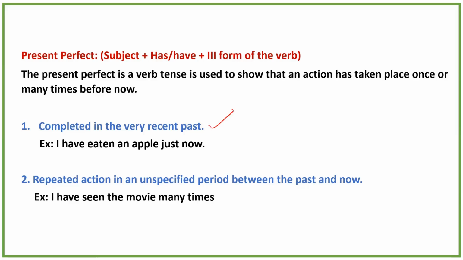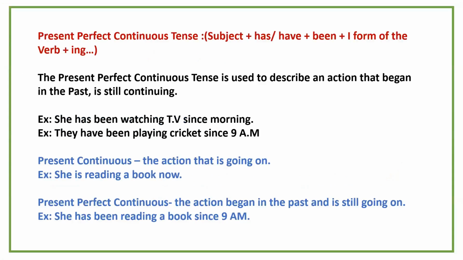I have eaten an apple just now, that is present perfect tense. So we use present perfect tense to express the very recent past, and we also use present perfect tense to express repeated actions in an unspecified period between the past and now. Example, I have seen the movie many times. I have visited Delhi twice.